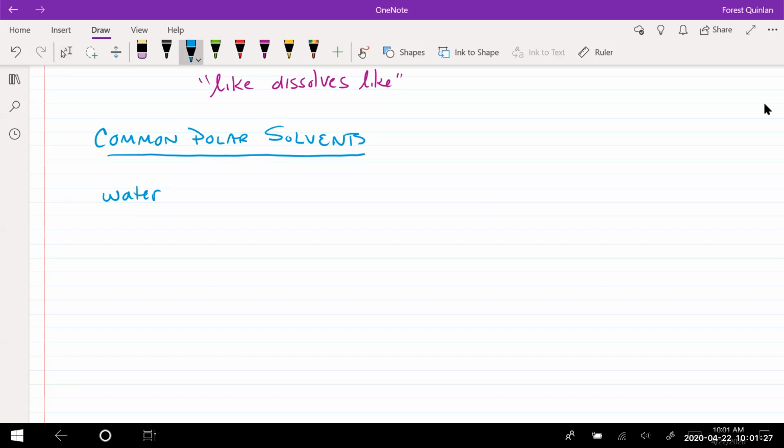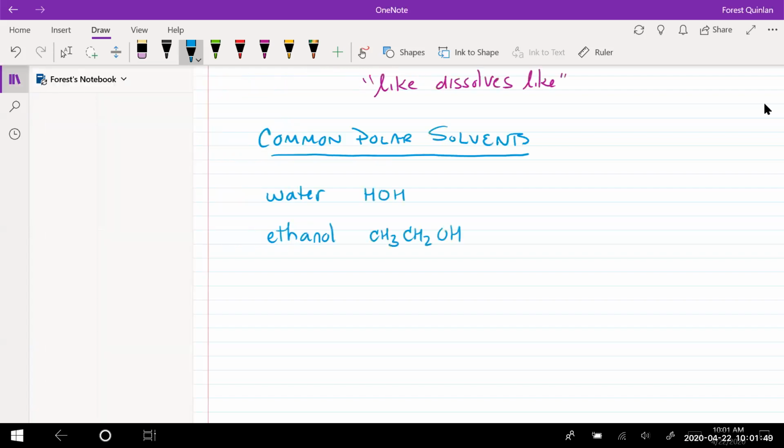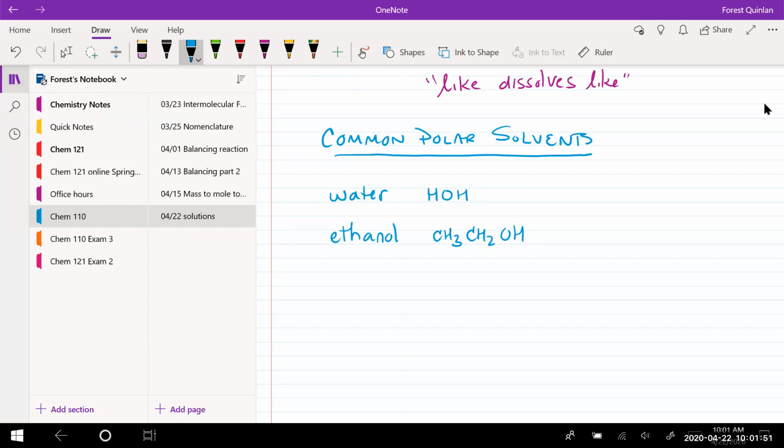All right, water, which I'm going to go ahead and write as HOH. Another common solvent that we like to use is ethanol. So alcohol, CH3CH2OH. If you go back to the intermolecular force lecture, well, wait, we can. Look at that. Bam.